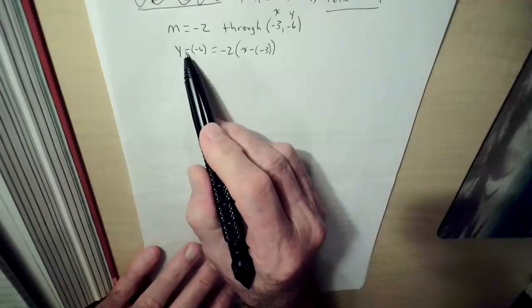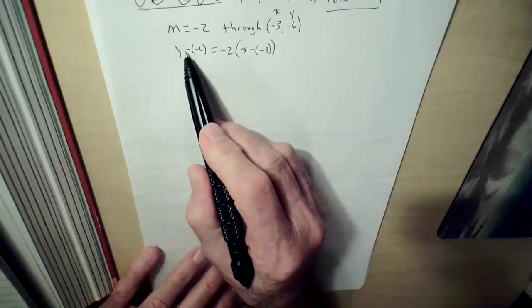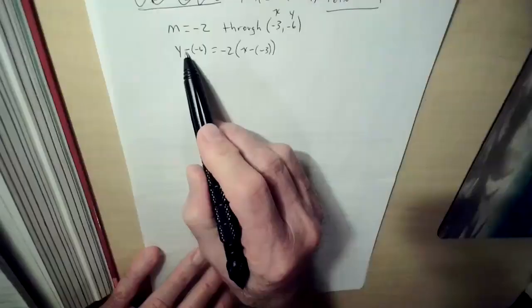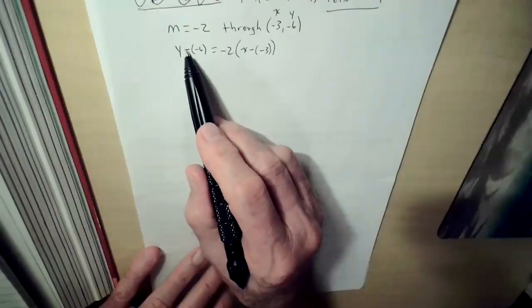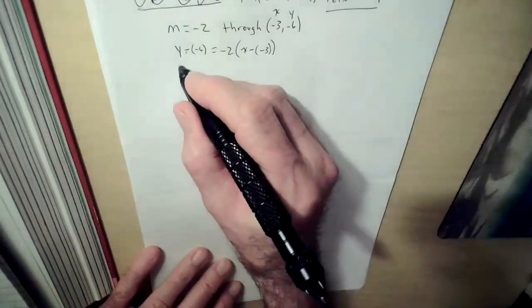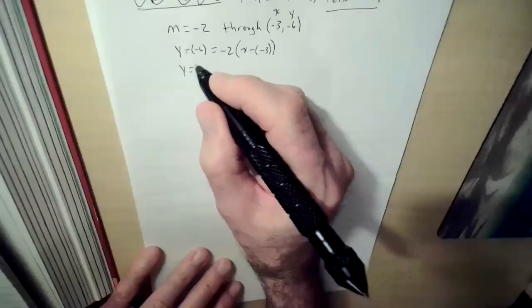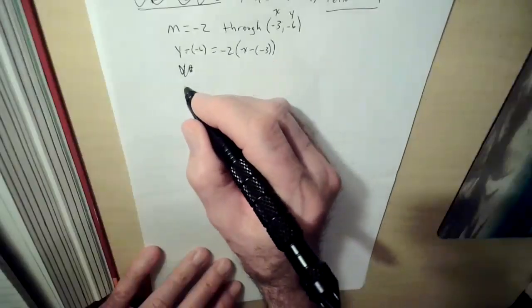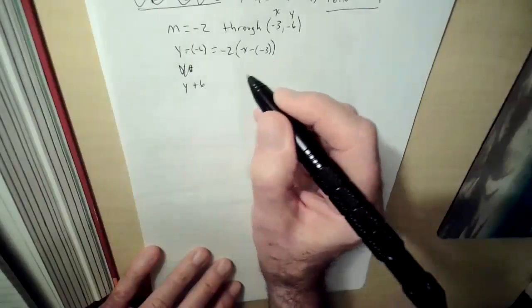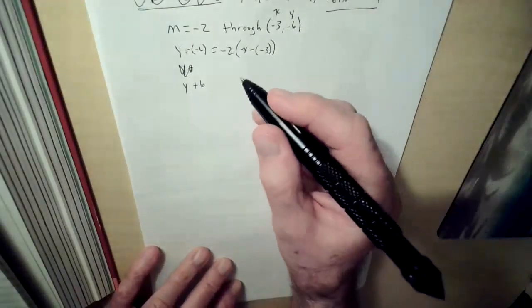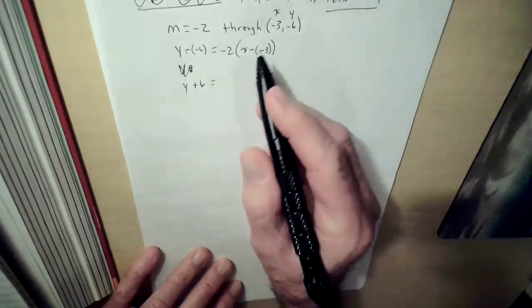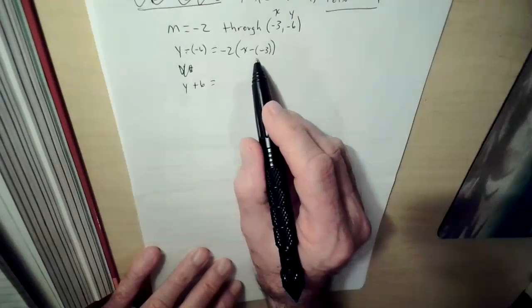Okay, remember the negative or minus sign means the same thing. The negative sign means the opposite of. What's the opposite of -6? Y plus 6.